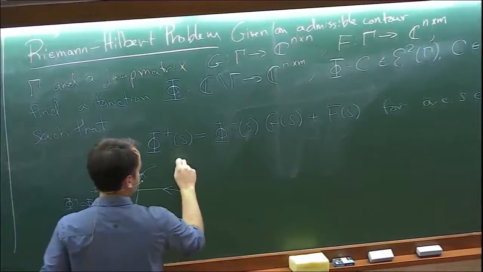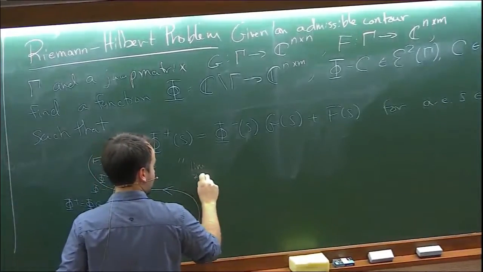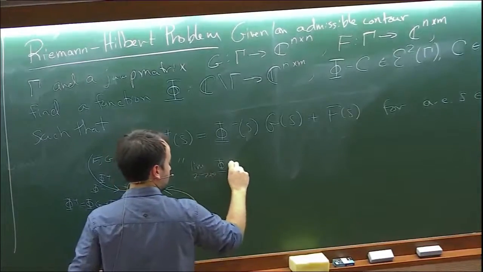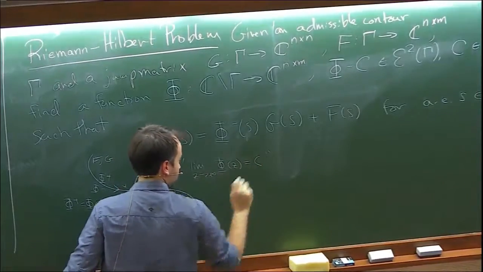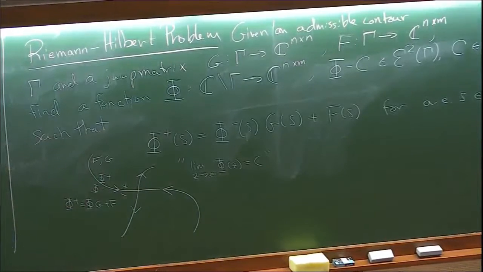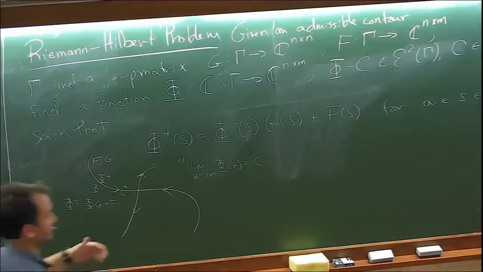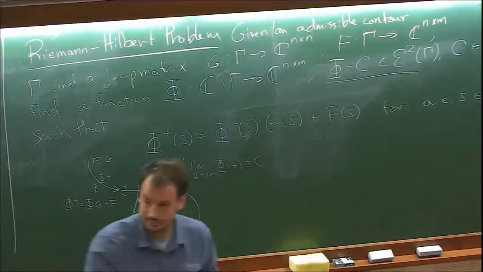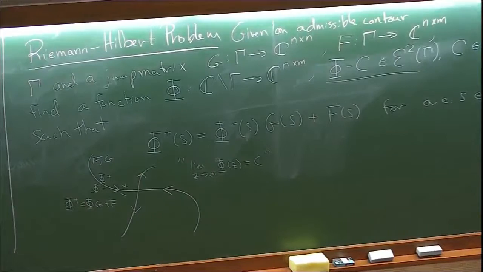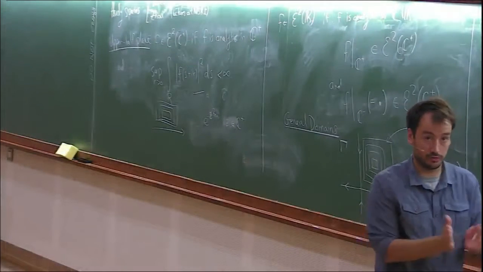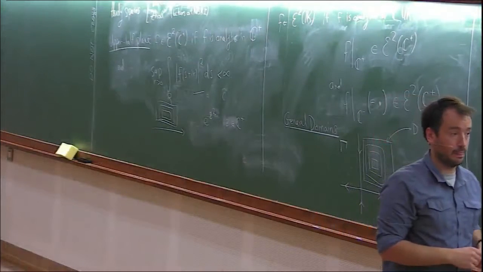And then, in quotation marks, the limit as z goes to infinity of phi of z is equal to C. That's what this condition is capturing, but it actually doesn't mean that literally. It depends on which direction you go, and there are a lot of complications there. Your curves could be meeting at infinity and so on.